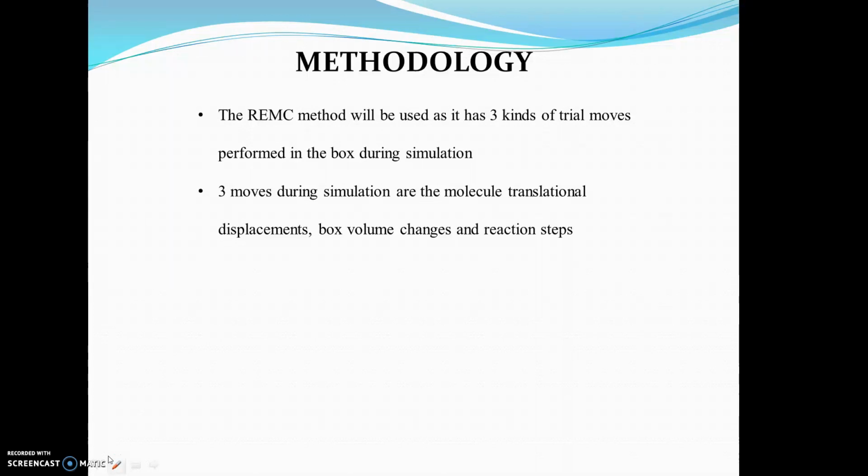Molecule translation displacement involves rotation of the molecules and the displacement of the molecule. For rotational moves, random orientational displacements were applied based on choosing random values for Euler angles on the rotation matrix. It is defined by the Euler angles of the rotation matrix, which are determined by the simulation itself.